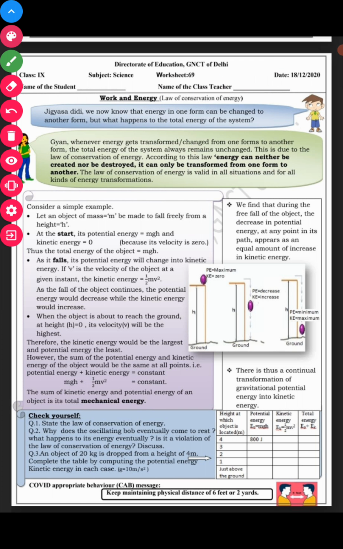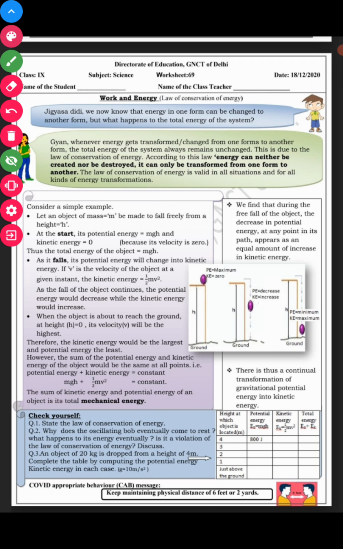However, the sum of the potential and kinetic energy of the object is the same at all positions, that is mgh plus half mv squared is equal to a constant.